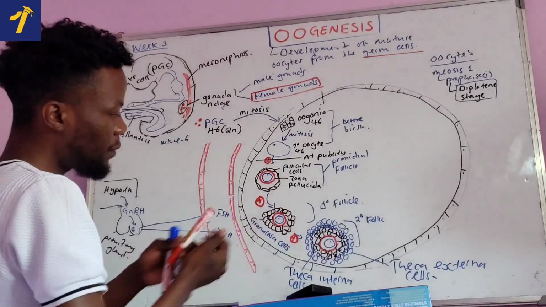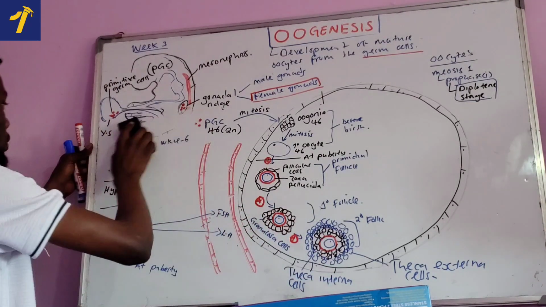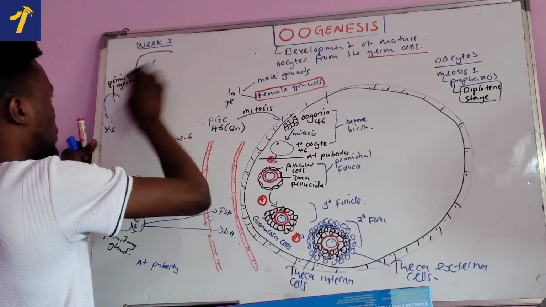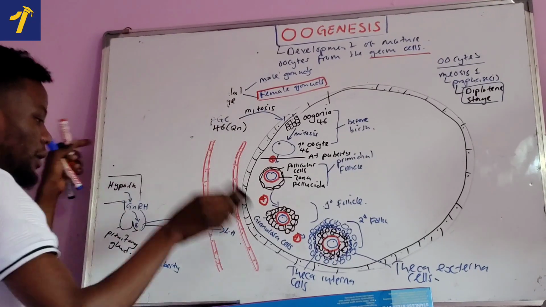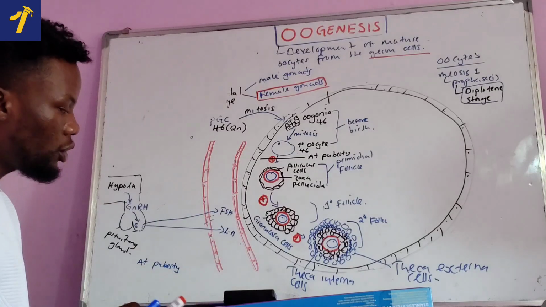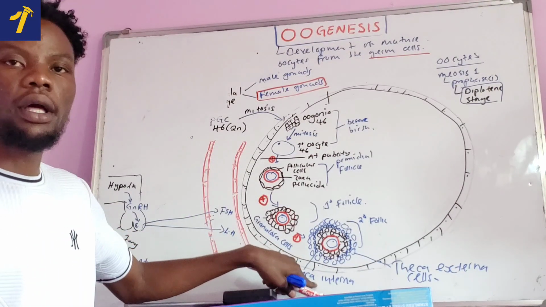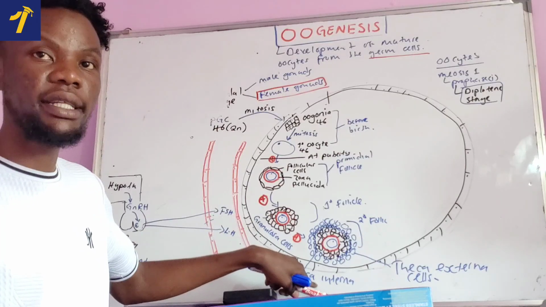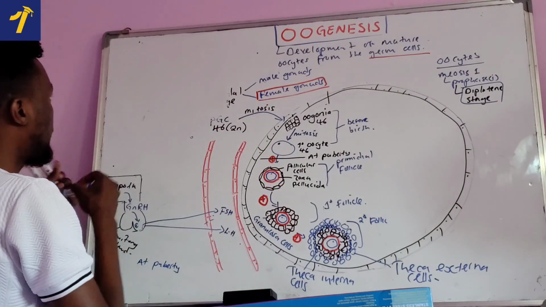So at this particular stage, we need to talk about something which is important. Okay, so you need to pay attention to this one now. I'm going to look at the theca interna cells because these are the ones that are going to start producing certain hormones. So I'm going to magnify the theca interna.